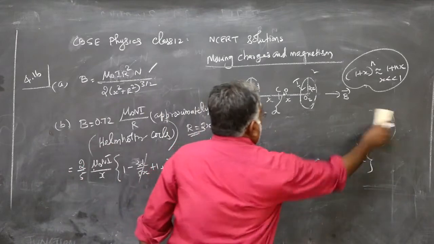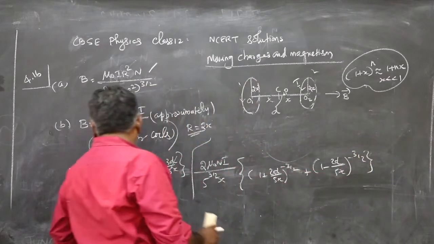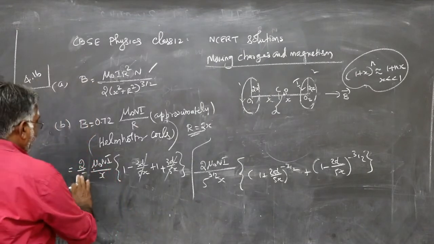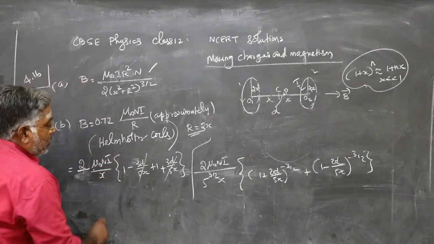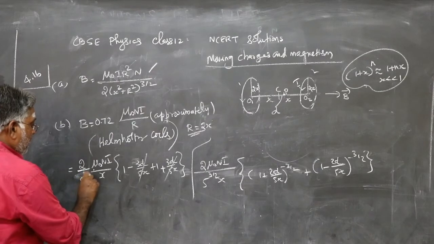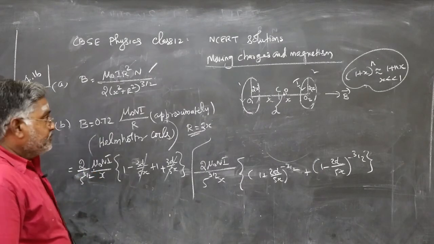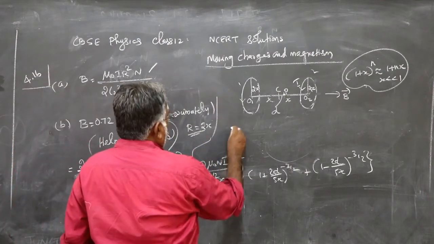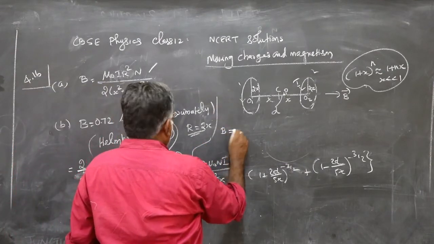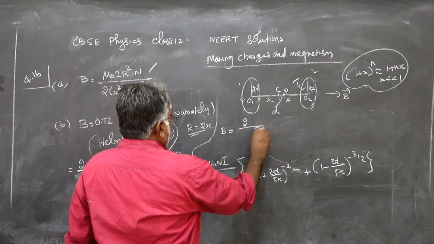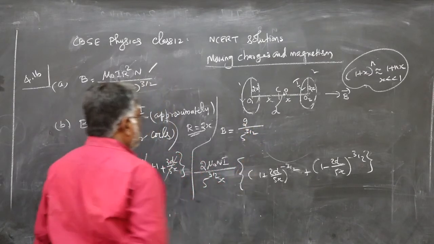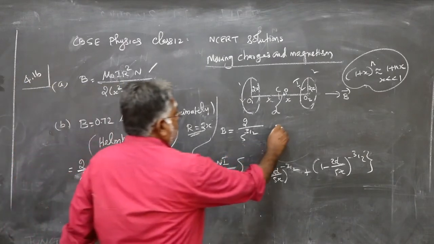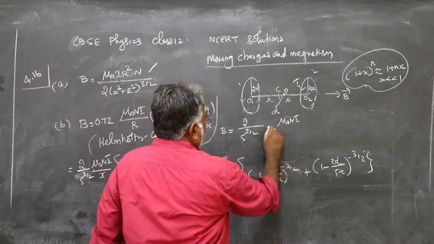So you have 2 by 5 power 3 by 2. Please make the correction. So 2 by 5 power 3 by 2. This is net field: 2 by 5 power 3 by 2 mu naught ni by x.